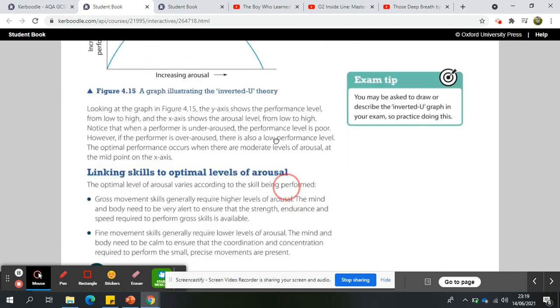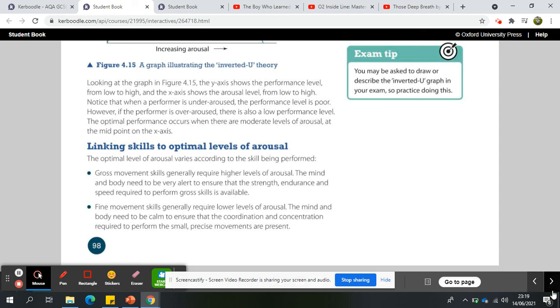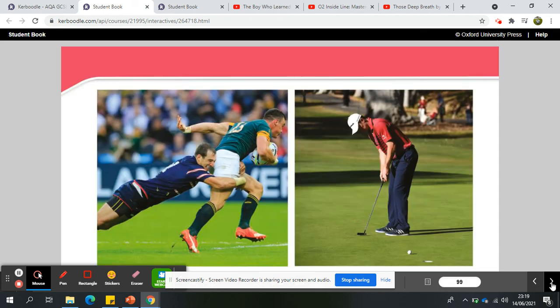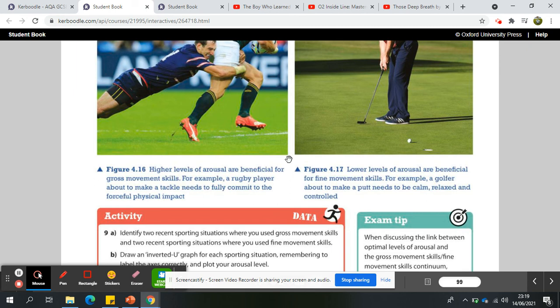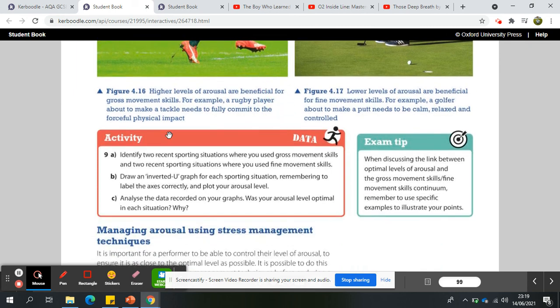You're then going to link the skills to optimal arousal. If you go on to the next page, I've got some examples for you. Then have a go at the activity on page 99, question 9, A, B, and C. I want you to try and answer that.